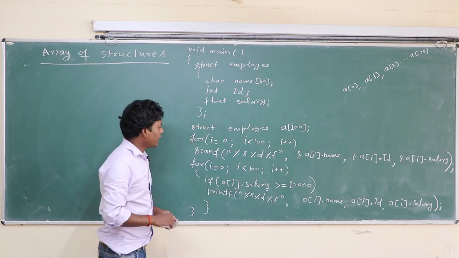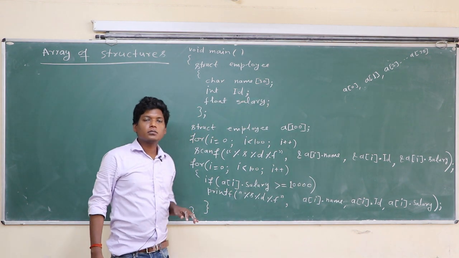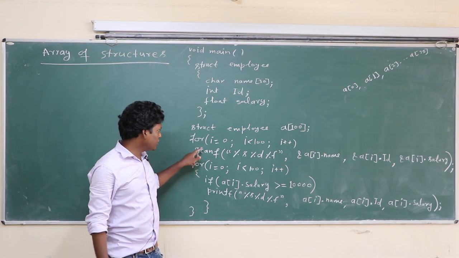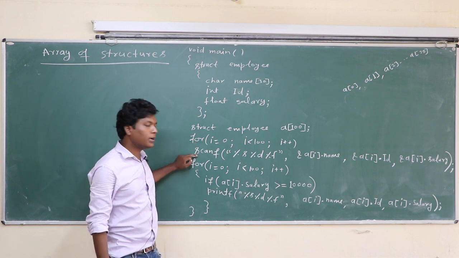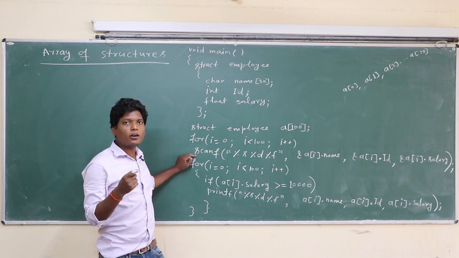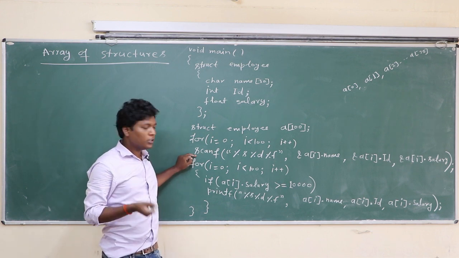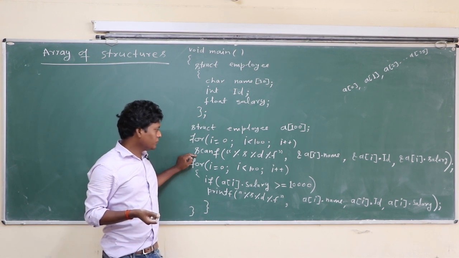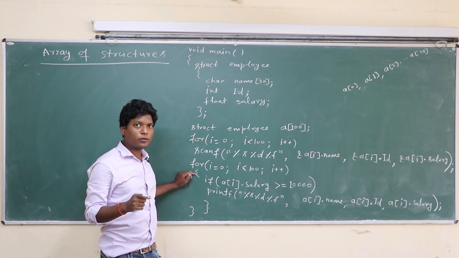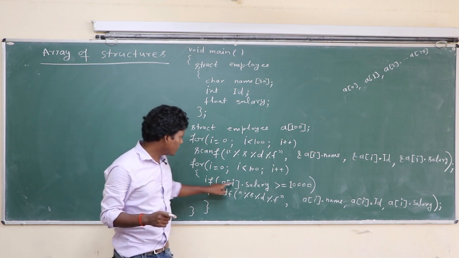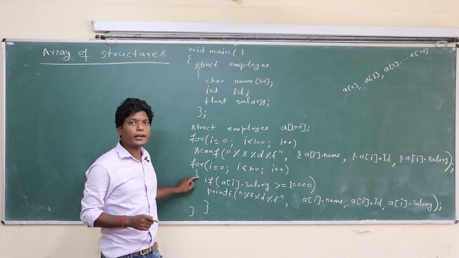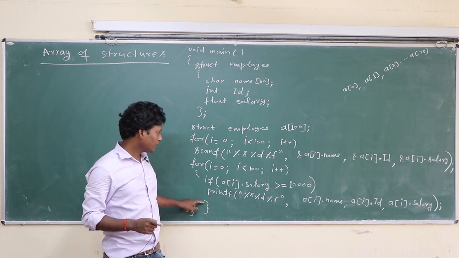Okay class, so here we know that by default the scope of for is a single line, so there is no need to write curly bracket open and curly bracket close. The scope of printf is also a single line. But here there are two statements, statement 1 and statement 2, so there is a need to write the curly brackets.